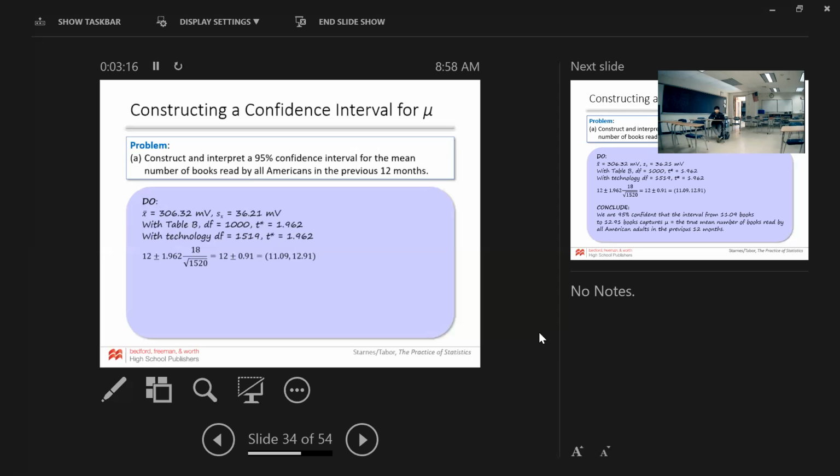Because the t distribution, we push down on it for the scale change to compensate for a smaller sample size. You could just use 1.96. You don't even need this 2. You're using the z value because the sample size is so high. Step divided by the sample size, and you get, in effect, basically between 11 and 13 books. You're 95% confident that the parameter is between 11 and 13 books for all American adults.